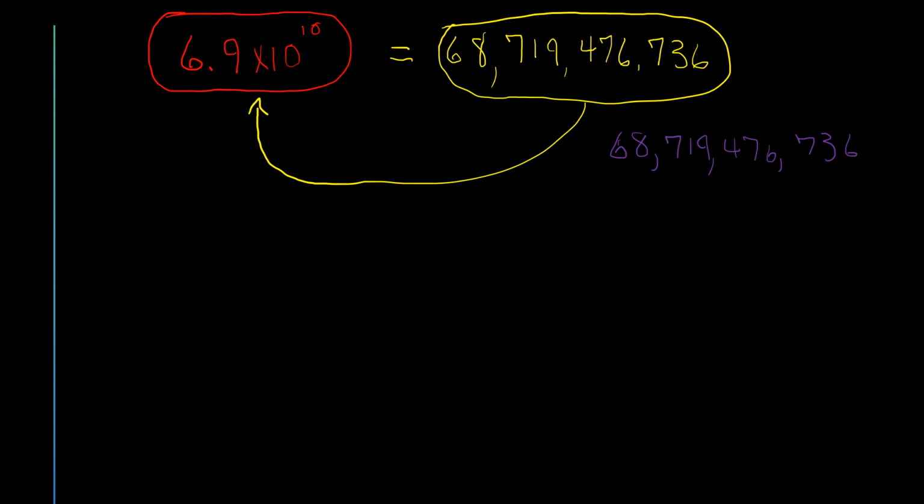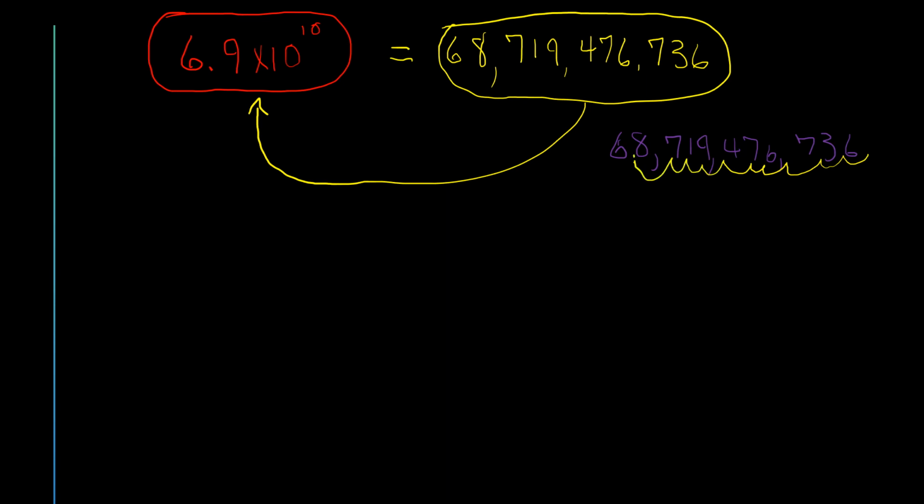We start from the end and work our way from right to left, which is heading in a positive direction when we're dealing with scientific notation. So we go 1, 2, 3, 4, 5, 6, 7, 8, 9, 10.